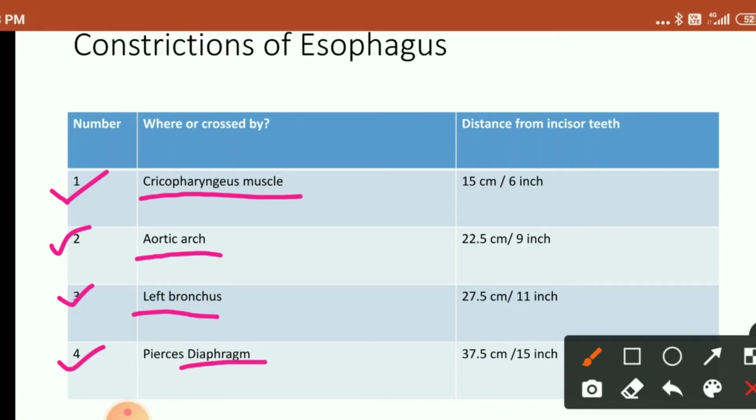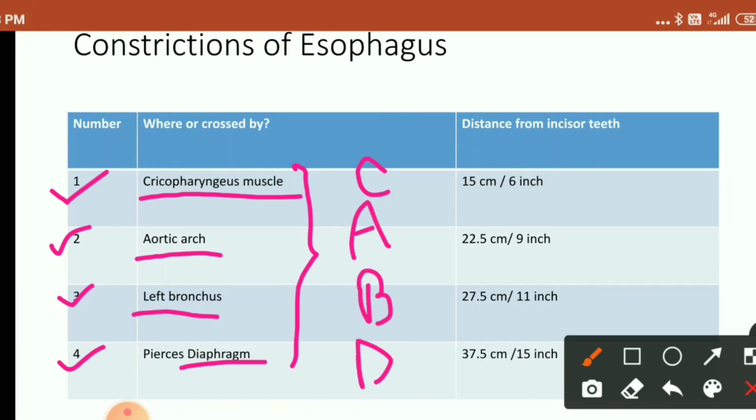There is a mnemonic with which you can memorize the constrictions: CABD. What do we mean by CABD? C means the cricopharyngeus muscle, A means aortic arch, B means left bronchus, and D means diaphragm. These are the structures which produce the constrictions in esophagus.